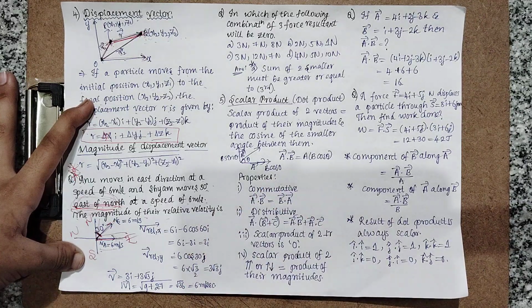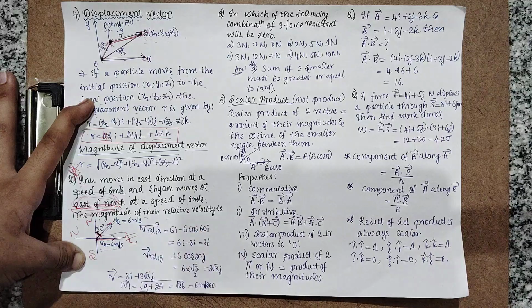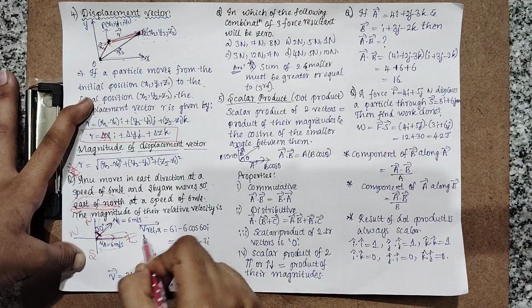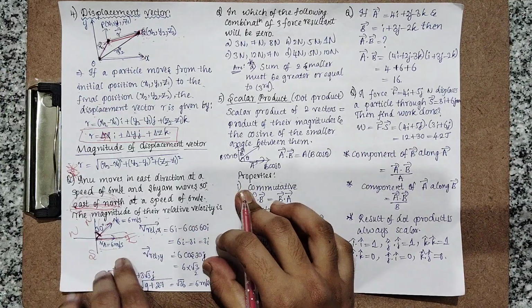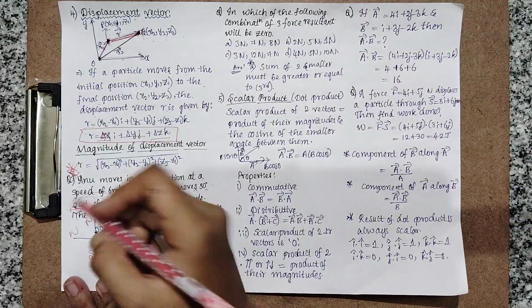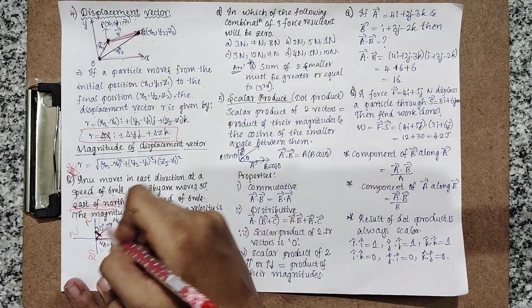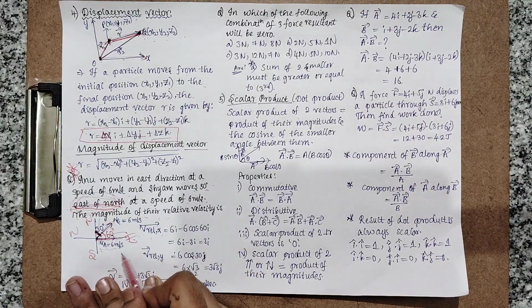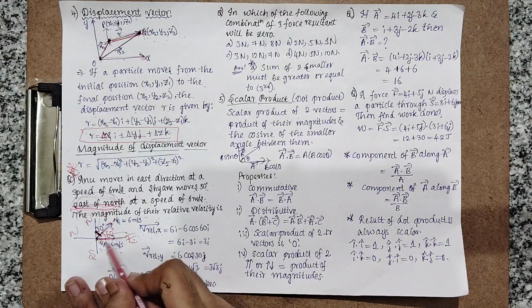For this, we find the relative velocity in x direction, and we find the relative velocity in y direction, and by this we can get the magnitude of the relative velocity. It is so simple now. So relative velocity in x direction: if we resolve this component, as this is your 30 degree, this will be your 60 degree. So in x direction we get velocity of Anu, 6 i cap, minus this velocity of Shyam.